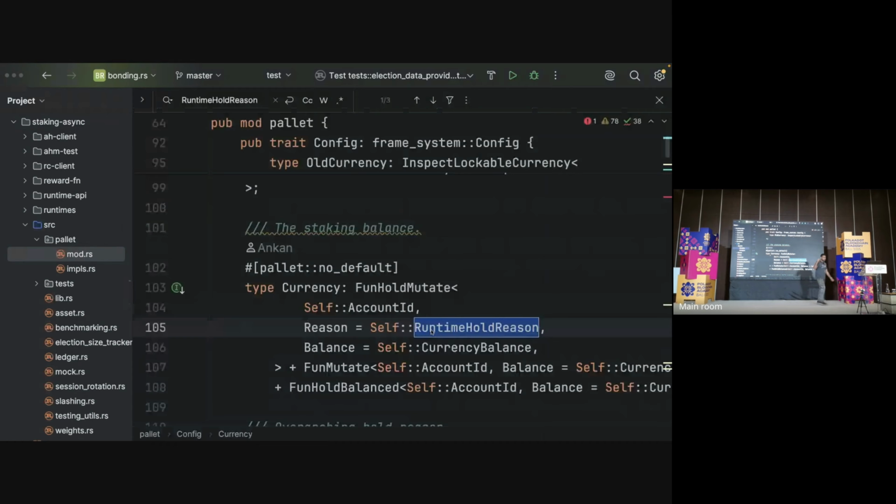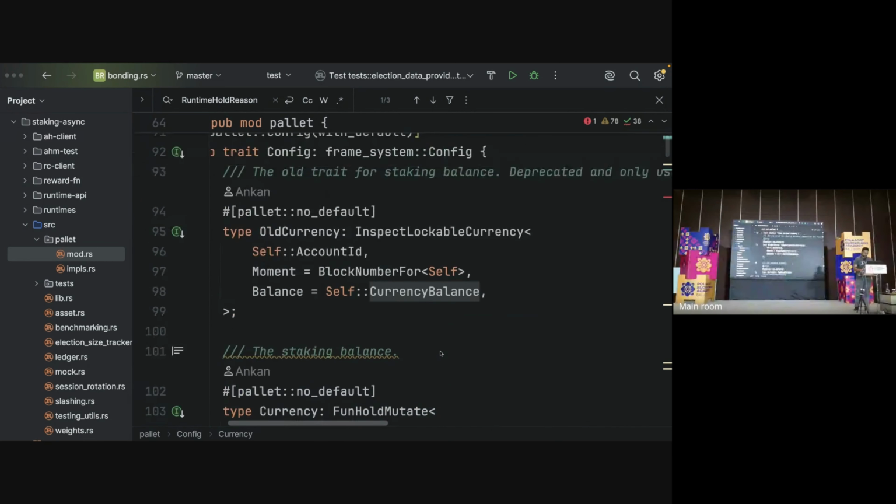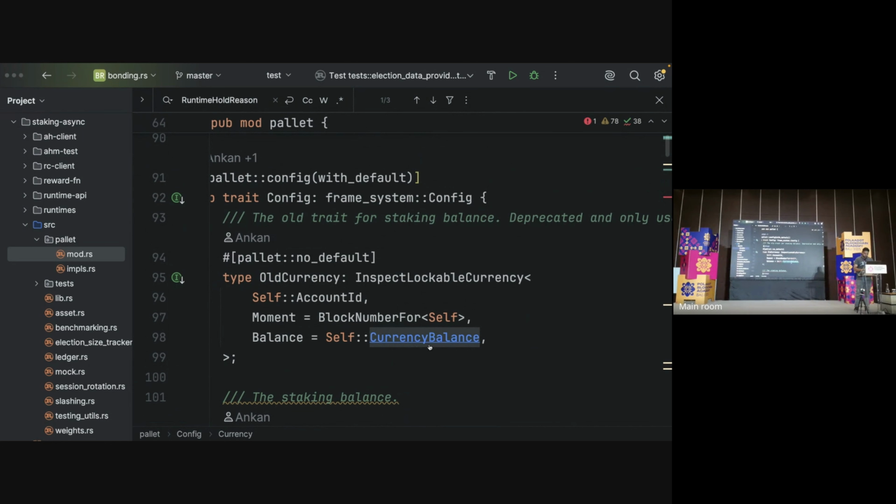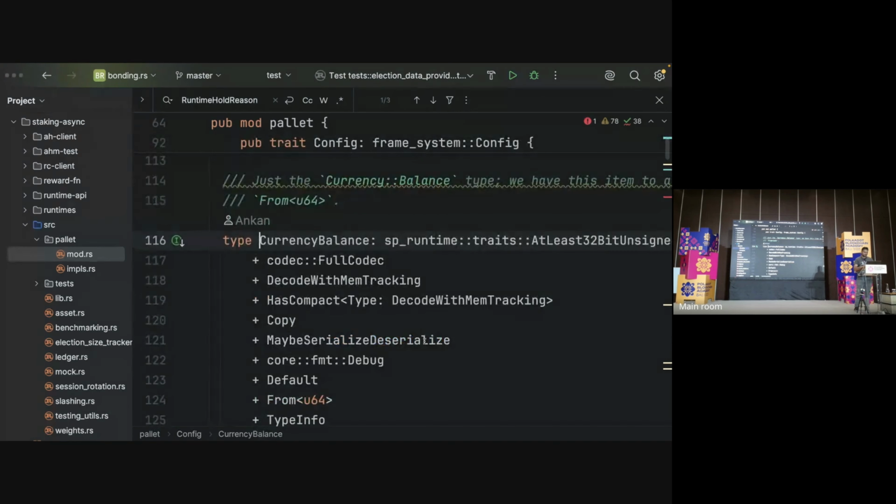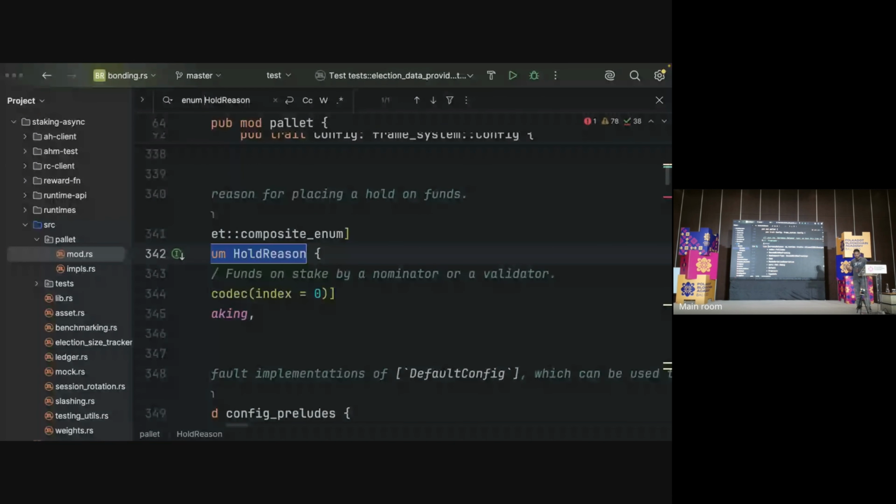You need to say the reason in this type comes from this runtime hold reason, which is on the runtime level. This is the composite enum that we created. Balance comes from somewhere else. Basically, this pallet has currency balance directly defined. This is also not usual practice.